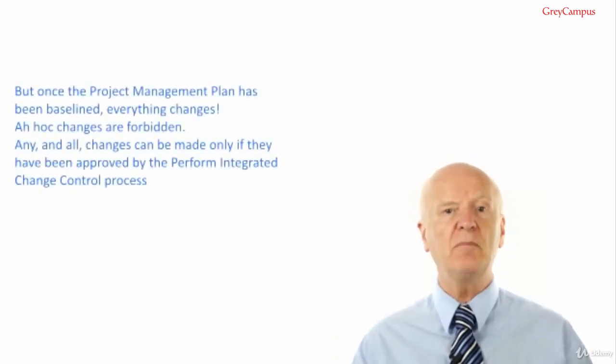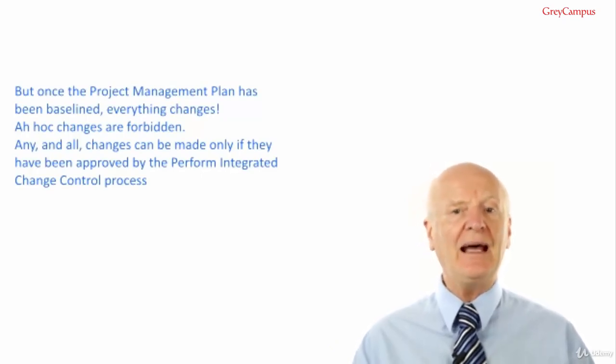Creating the project management plan is largely an informal process, and you will find yourself as project manager making hundreds if not thousands of small changes, but once the project management plan has been baselined, everything changes. Ad hoc changes are forbidden.